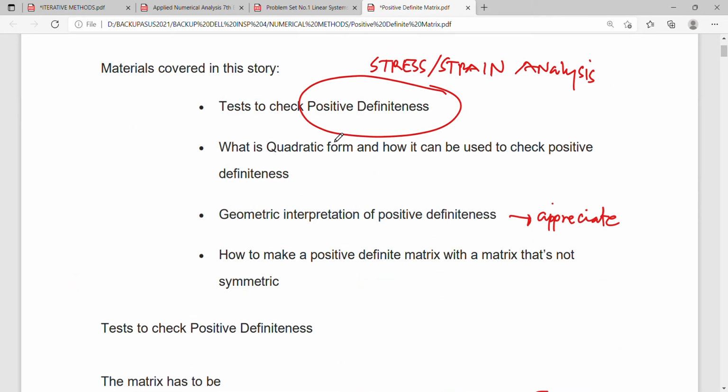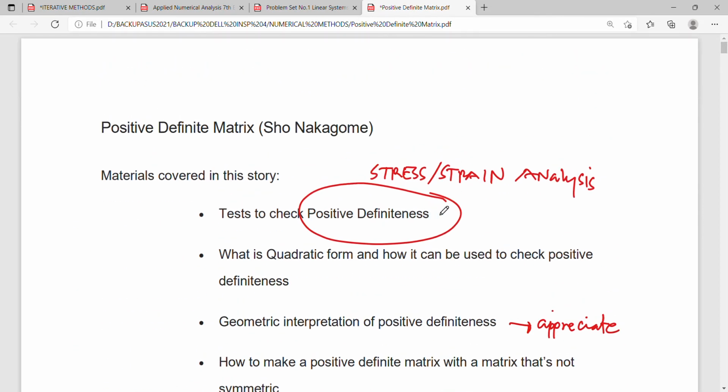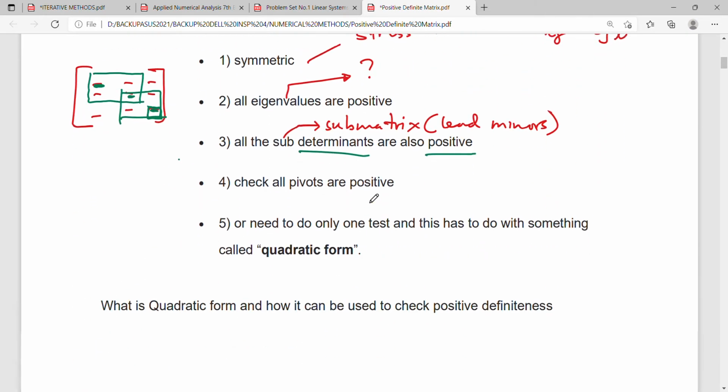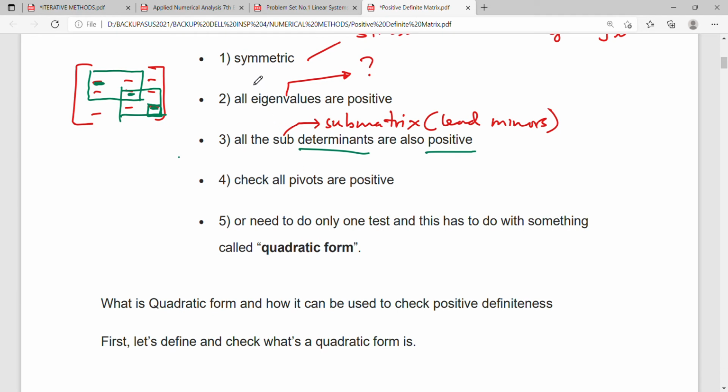So you now get the definition of what a positive definite matrix is in the context of this tree. This fourth, I really have not tested it, but I have read it in many references, that if the pivots are positive. And what are the pivots?